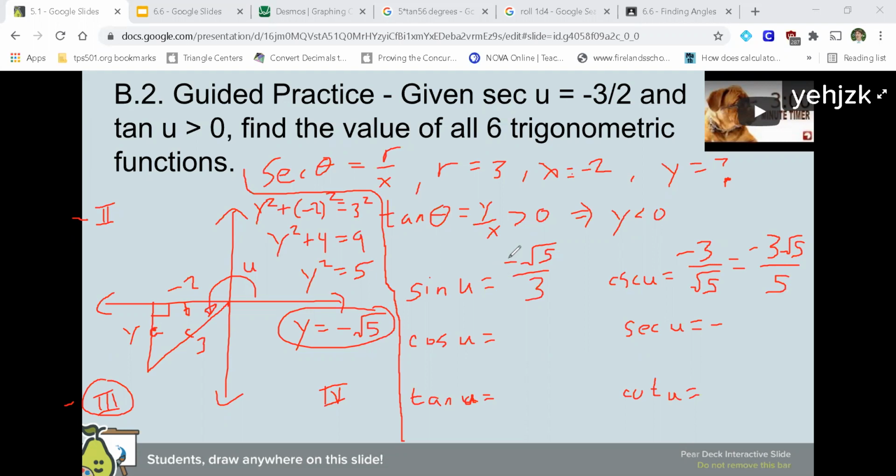Secant we already had was negative 3 over 2. If you take its reciprocal to get cosine, you get negative 2 over 3. Tangent we said was y over x, so that's negative square root of 5 over negative 2, which is the square root of 5 over 2.